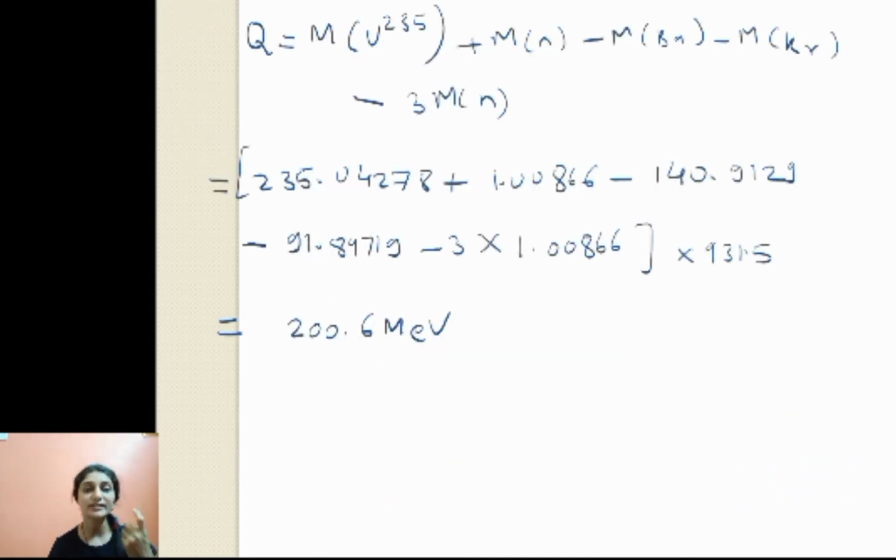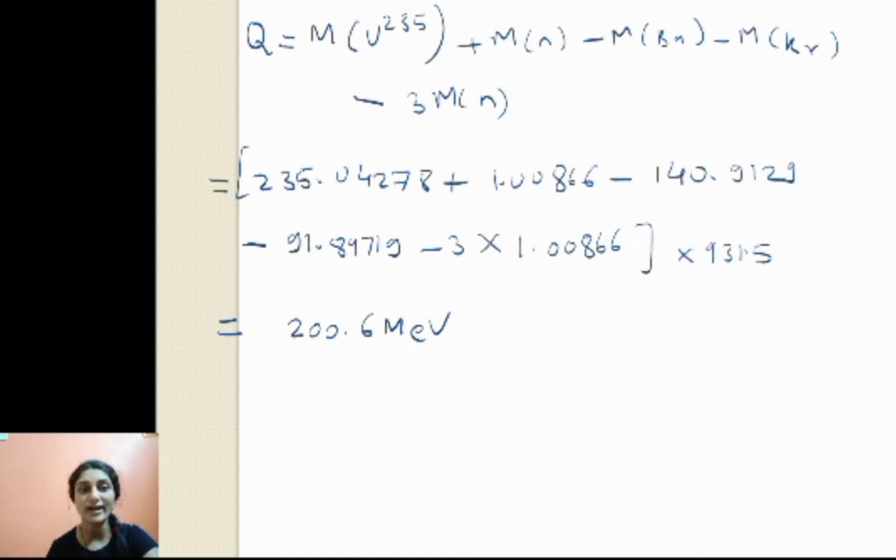So I can write the formula for Q as the mass of reactants, which are uranium 235 and a neutron, minus the mass of the products, which are barium, krypton, and 3 times the mass of a neutron.